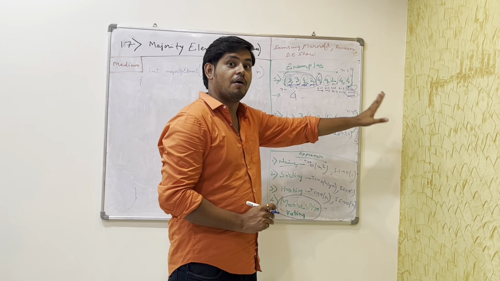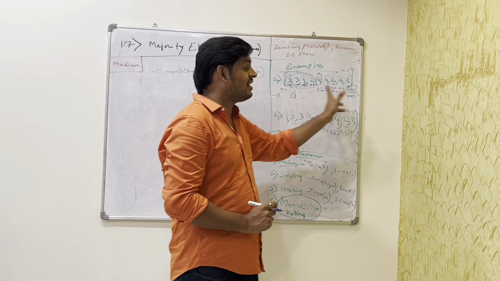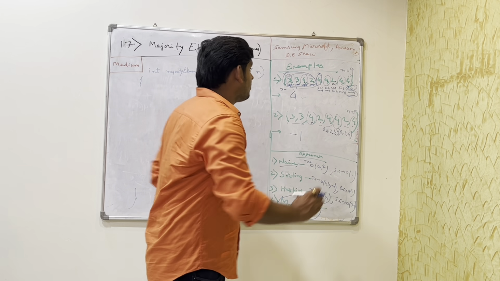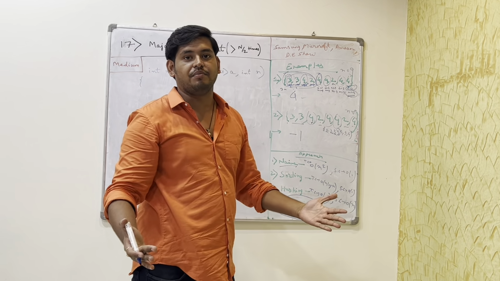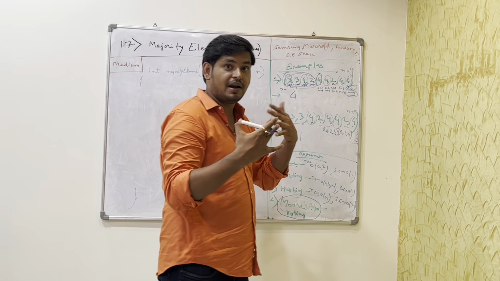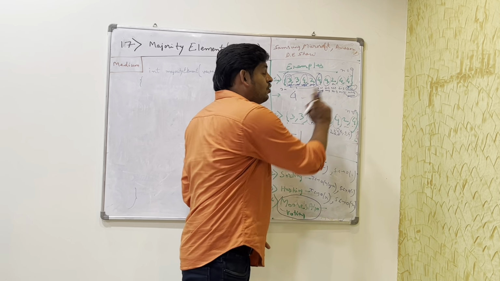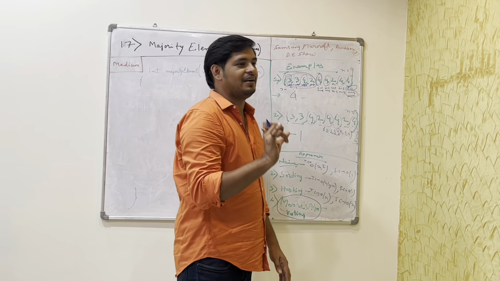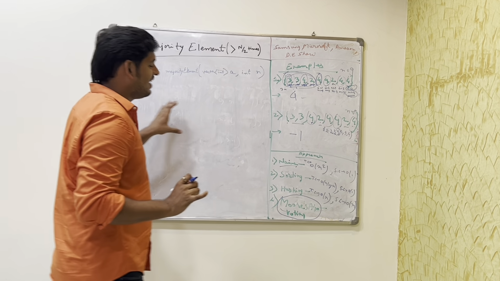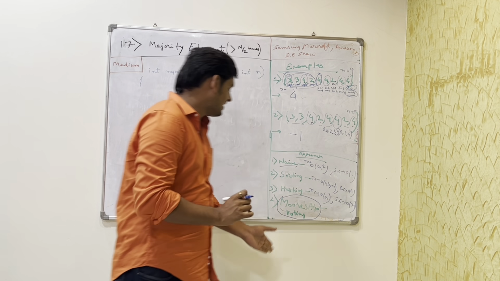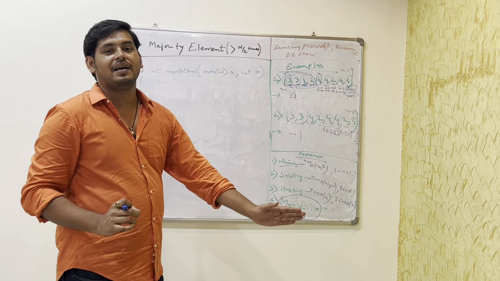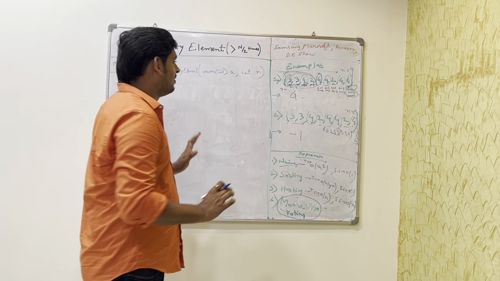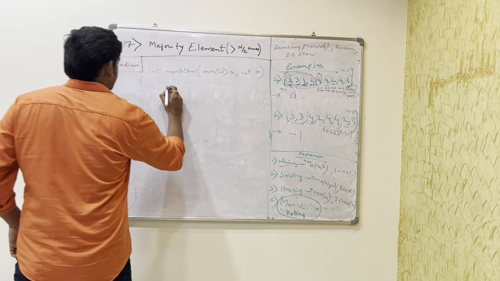That is for sure. But there is no way that any other element would be the majority element, because that has not come more than n by 2 times. If it would have come more than n by 2 times, then its count would obviously be more than 0, right? That is the point that the algorithm checks. And then we go again and we see whether that element has come more than n by 2 times or not. Okay, so let me code it.